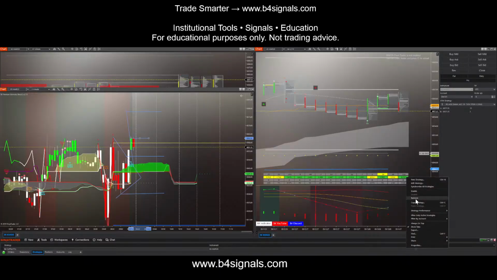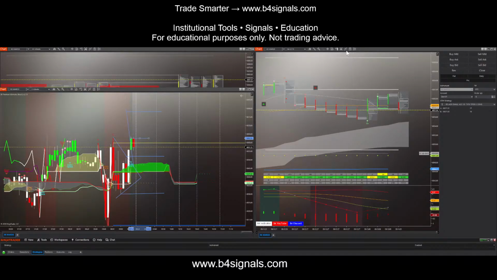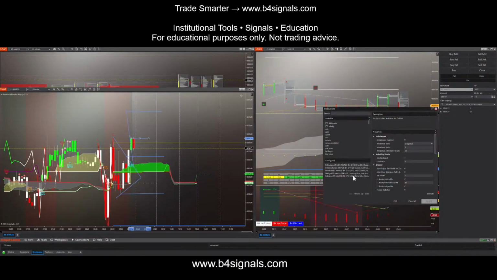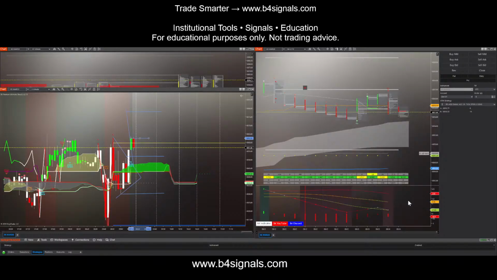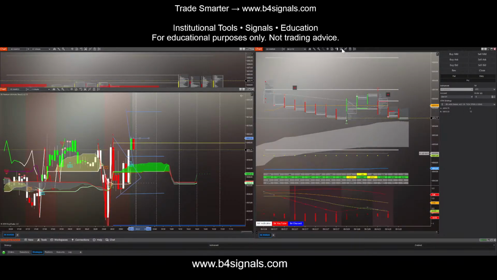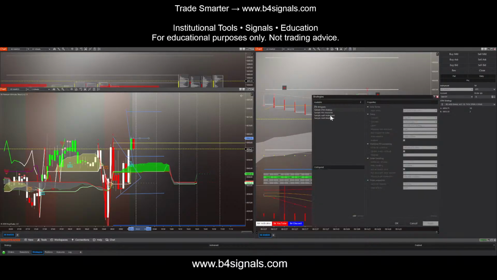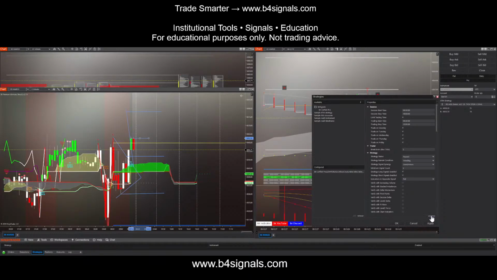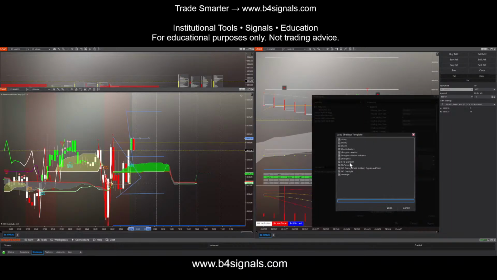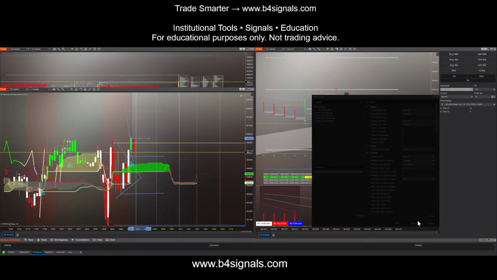So I'm going to remove, we'll put that strategy back on there. It's our indicators. That's a strategy. What am I doing? Template load, I want this one. Boom, boom.